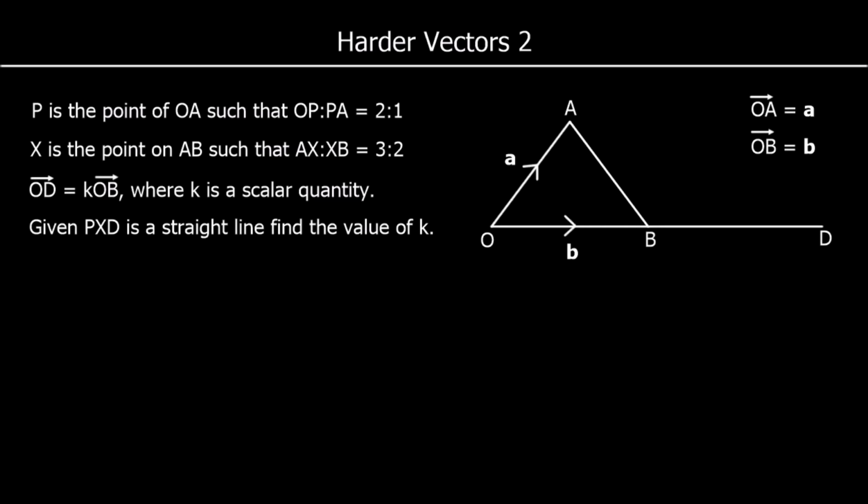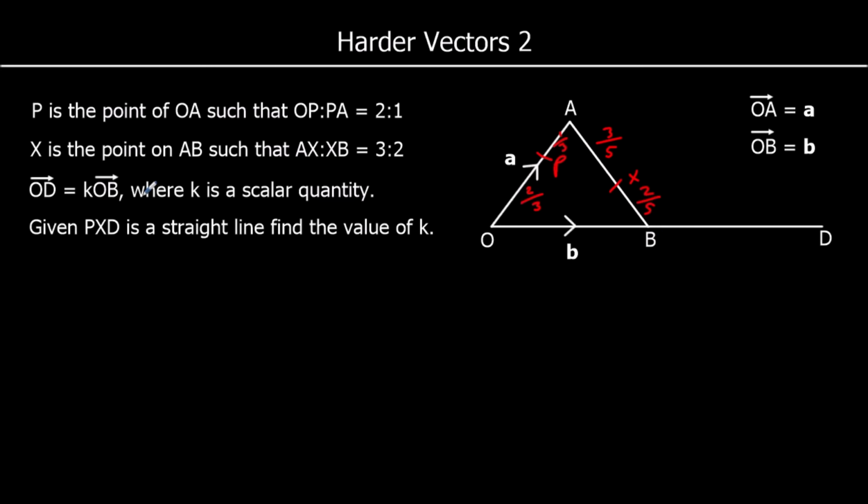And another one. P is the point on OA, such that on OA, O to P is 2 parts and P to A is 1 part. X is the point on AB, such that A to X is 3 parts, so 3/5, and X to B is 2 parts, so 2/5.